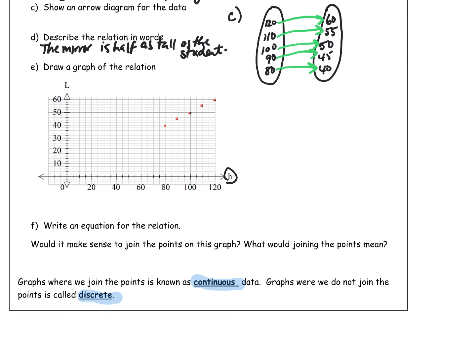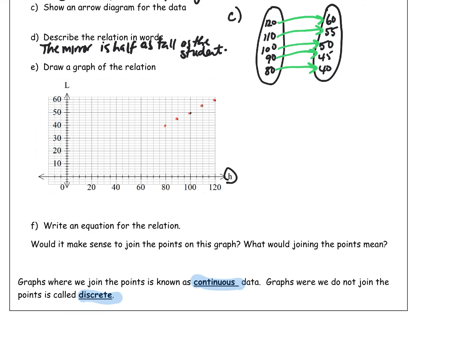So in order to figure out if it's continuous or discrete, you have to ask yourself, because right now we have plotted very specific points at, let's say, the height of the student of 120, 110, 100, and 80. Is it reasonable that I could have a student with a height between 110 and 120 centimeters? Okay. And obviously the answer is yes.